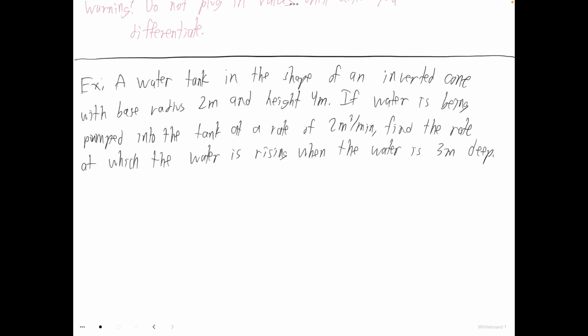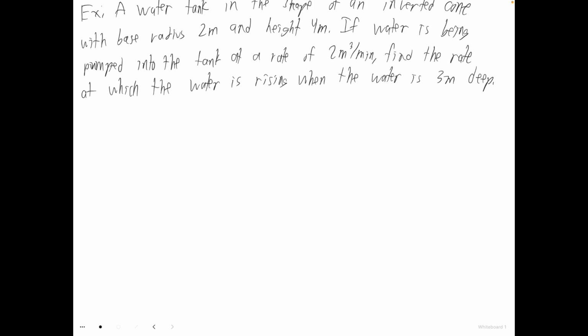Okay, so let's draw a picture of our situation. So we have this cone here. We know that the top radius is going to be 2. The full height of this cone is 4 meters. These are both in meters. And then water is being added to the tank.